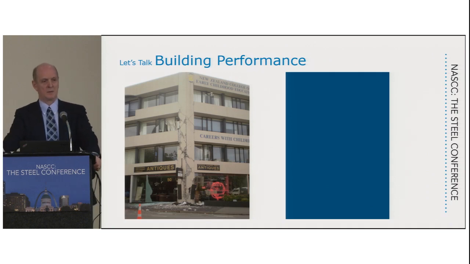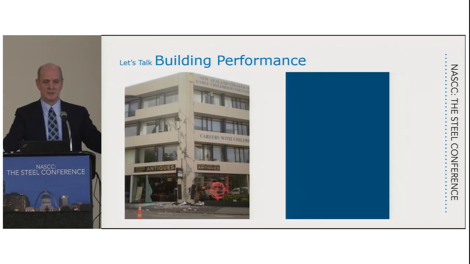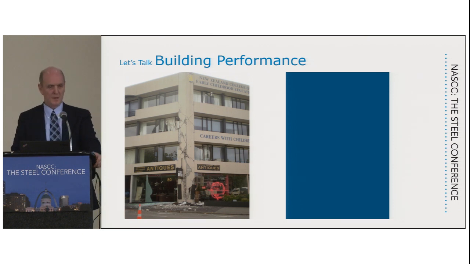If I'm in downtown San Francisco, I don't want to have cladding raining down upon my head. The code right now does not require that. This is allowed in the current code, but we're moving towards not allowing this. And the Tall Building Council says this is not acceptable behavior. We don't want this to happen. But heavily damaged, near collapse, that's what the code allows us for buildings that see this MCER shaking intensity.